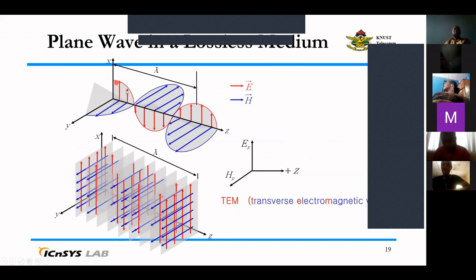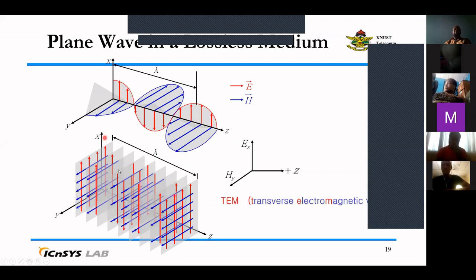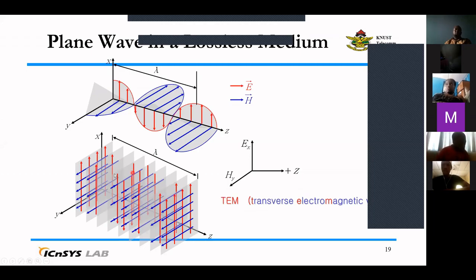So this is your E, which is along the x-axis, varying sinusoidally like that. And H along the y-axis also varying sinusoidally. So the H is in blue and the E is in red. If you look at it on the XY coordinate plane, you have E along the x-axis in red, and then the H along the y-axis in blue, plane by plane.